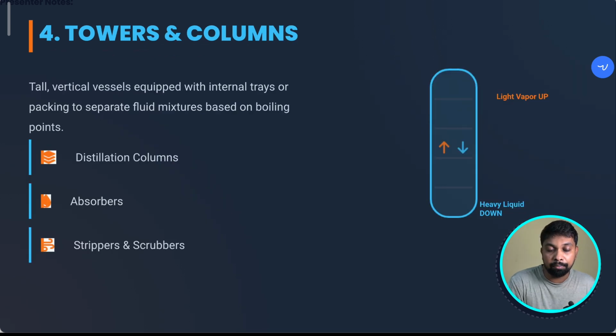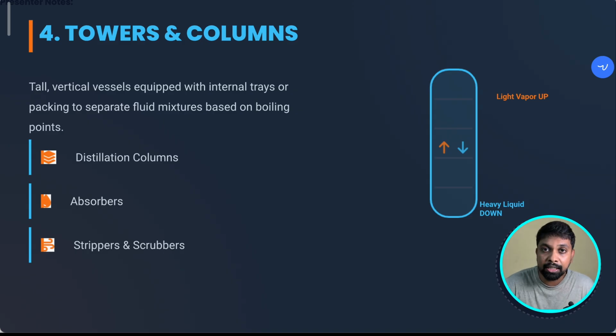Tower and column. In the image you can see it is a normal pressure vessel. The L by D ratio, the height by diameter ratio, will be completely different from a pressure vessel. It is normally very high compared to a pressure vessel. That's why we design it a little differently, and mostly we use it in distillation columns, absorbers, strippers, and scrubbers.